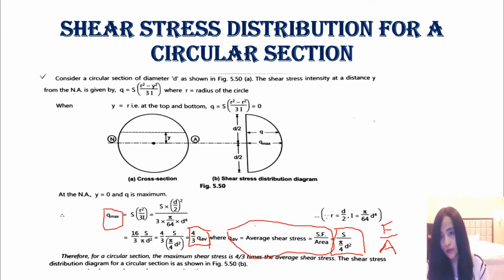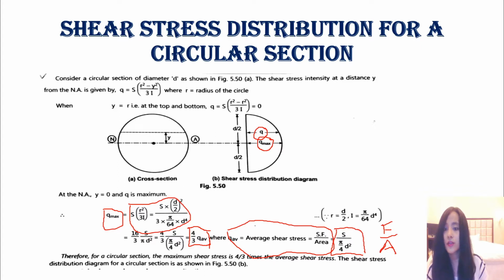You don't have to worry about all this derivation here. You need to know that maximum shear stress for this circular section will lie at the neutral axis. Right at the neutral axis, this line, the maximum shear stress will lie here, and the average shear stress will be somewhere around here.